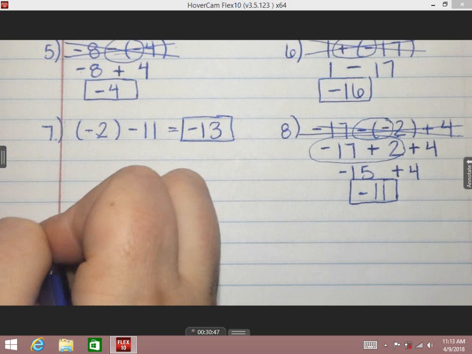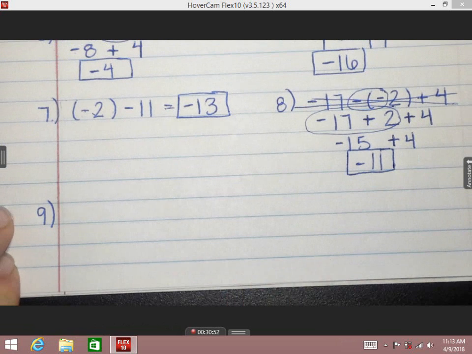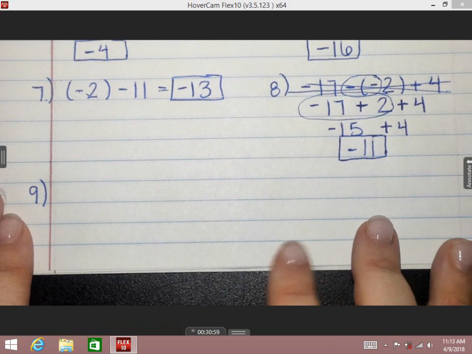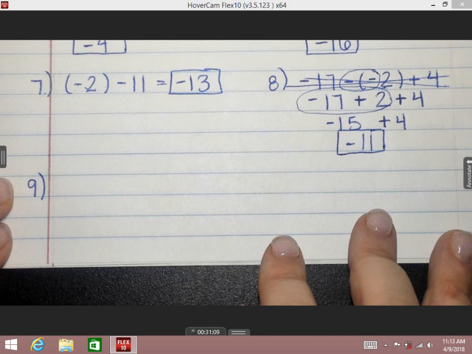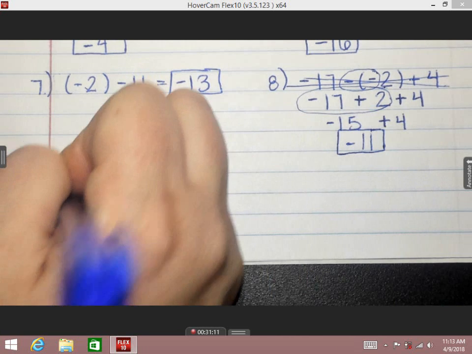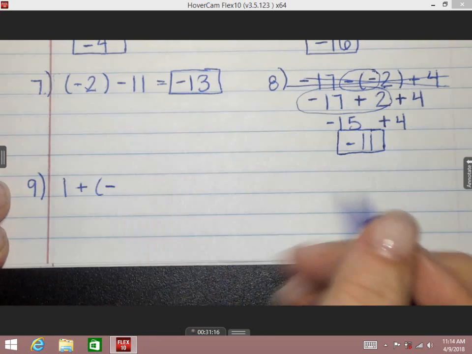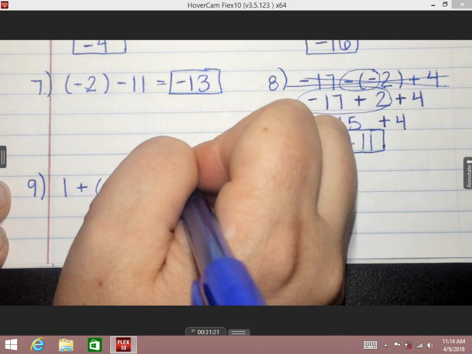All right. Number 9. If you guys, you can flip over because your classwork today has plenty of room for you to do the work on there. So if you want to write on the back of your note sheet, that's fine. So number 9, negative 9 minus 8.